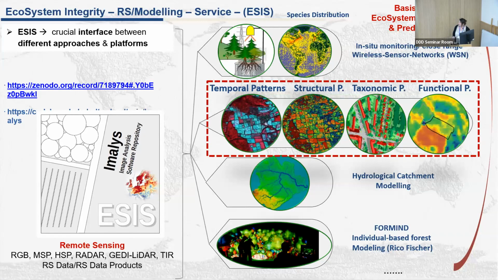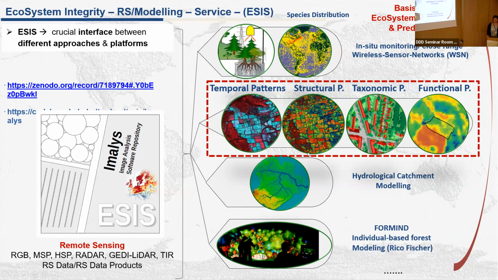Here's a first look at what we did in ASIS. In the middle, ASIS as a tool, we are able to measure really these different types of patterns. It's important that we not only have temporal patterns, we also have to measure functional patterns of the systems, taxonomic patterns, and structural patterns.